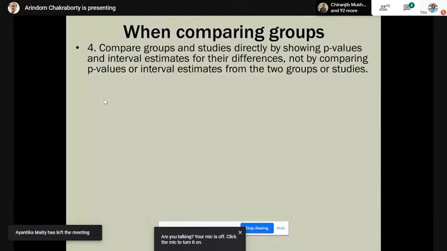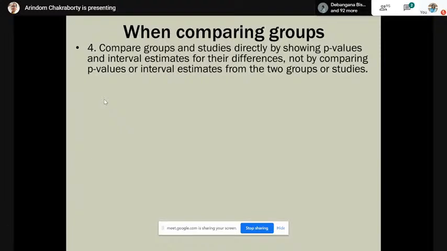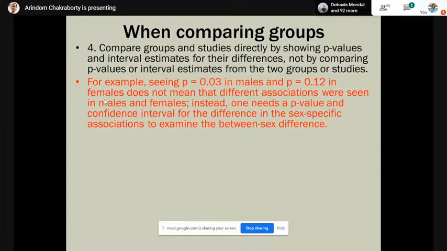Now, when you are comparing groups, compare groups and studies directly by showing p-values and interval estimates for the differences, not by comparing p-values or interval estimates from the two groups or studies, such as p equals 0.03 in males and p equals 0.12 in females. It doesn't mean that different associations were seen in males and females. Instead, one needs a p-value and confidence interval for the difference in the sex-specific associations to examine the between-sex difference.